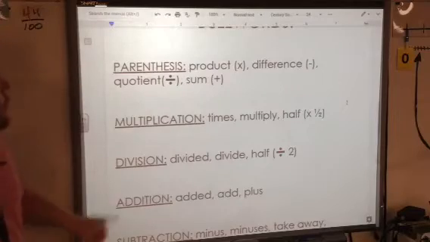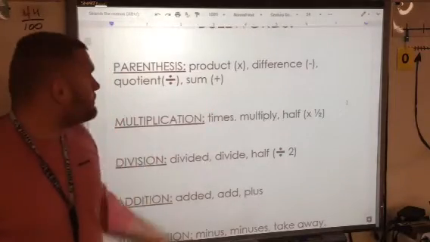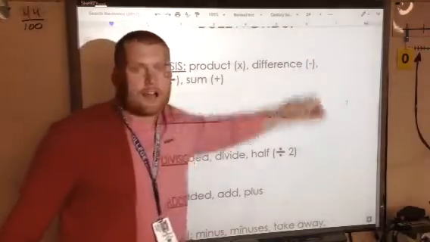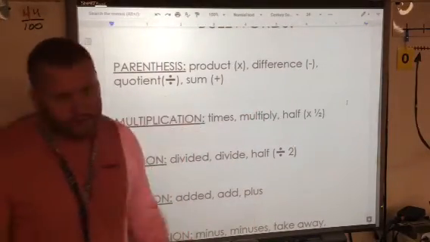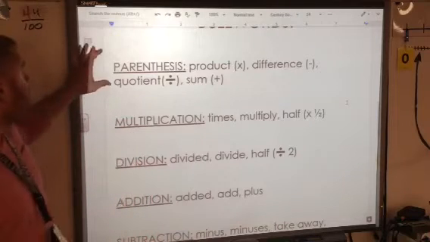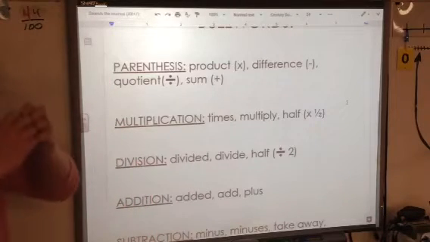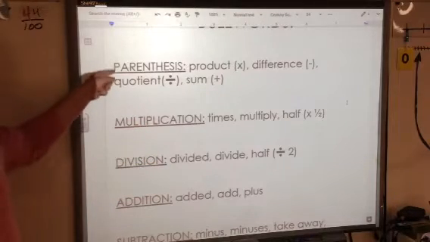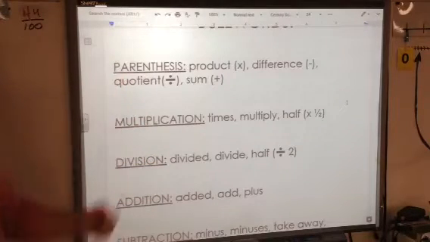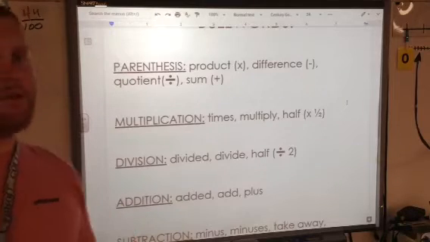Product is the result of multiplication. Difference is the result of subtraction. Quotient is the result of division, and sum is the result of addition. So, if I ever hear those words in a word form sentence, I know that it's probably going to be in parentheses, because it's asking us to do that first. It's the result of those operations.